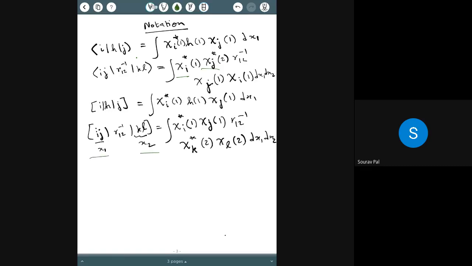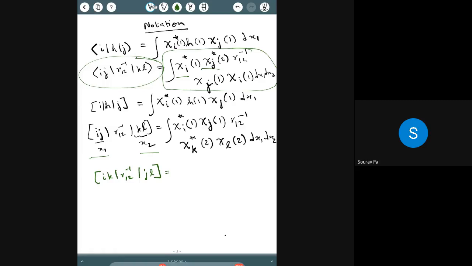If I want to write this particular integral in chemist notation, then this will become IK R1 to inverse JL, IKJL. So it's the same thing in two different notations, and that has the same expression.